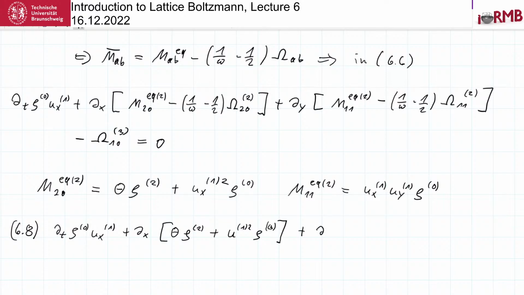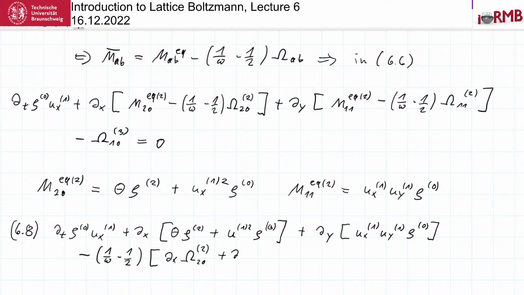So I write the equilibrium of y ux1 uy1 and rho 0 order, and then I take the non-equilibrium part where we have this 1 over omega minus 1/2, and we have the dx of omega to 0, second order, plus dy omega 1/1 also to second order, and what we should not forget is that we still have this omega 1/0 to third order left, and all of this is equal to 0.